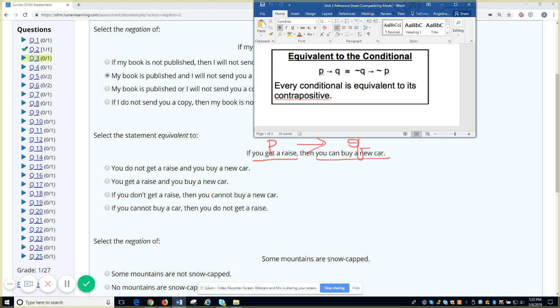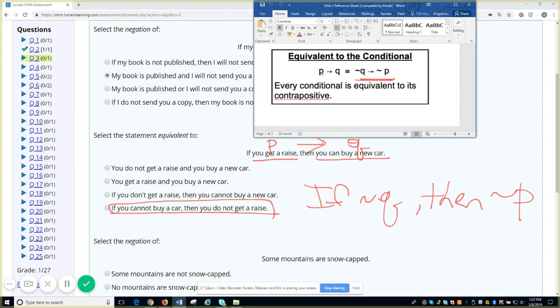The contrapositive would be: if you cannot buy a new car, then you did not get a raise. The contrapositive is the flipping and negating. So that would be equivalent to our conditional.